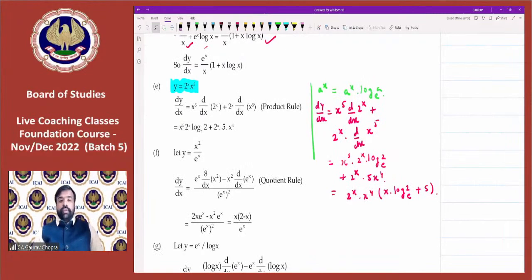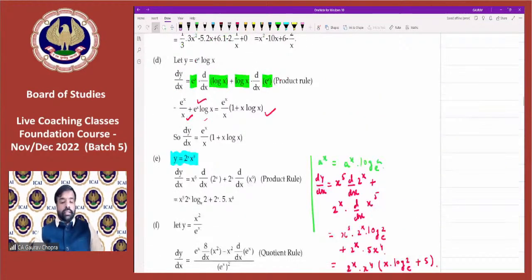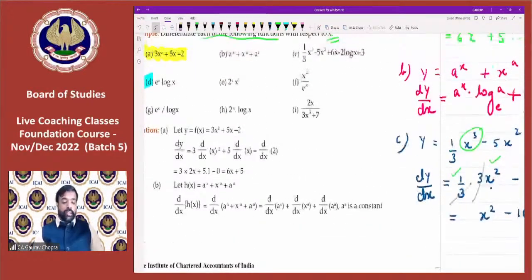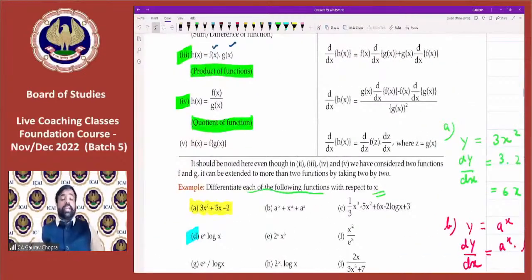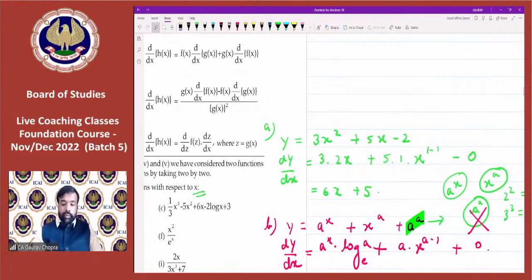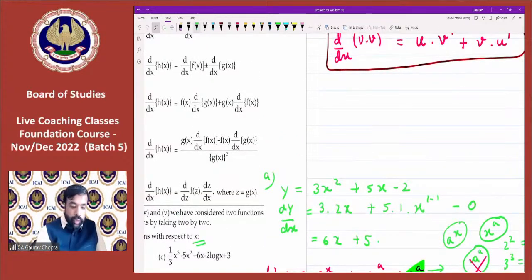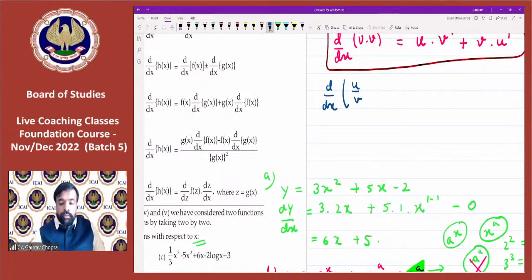Now, product rule we have done. Now let us try the quotient rule, that is the division rule. So whenever two functions are getting divided, then what we have to do? So let's write the formula here. D by dx of u upon v.